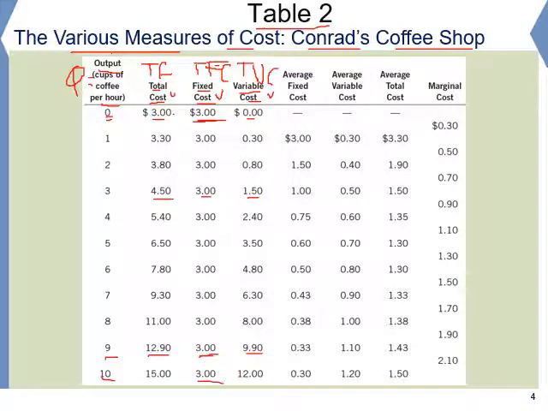So we can see that as Q increases, the total cost also increases, and the total variable cost also increases as you produce more, and the total fixed cost doesn't change, no change.